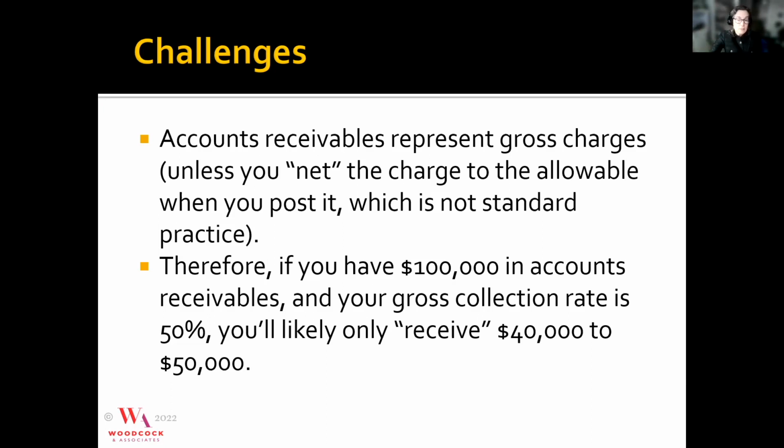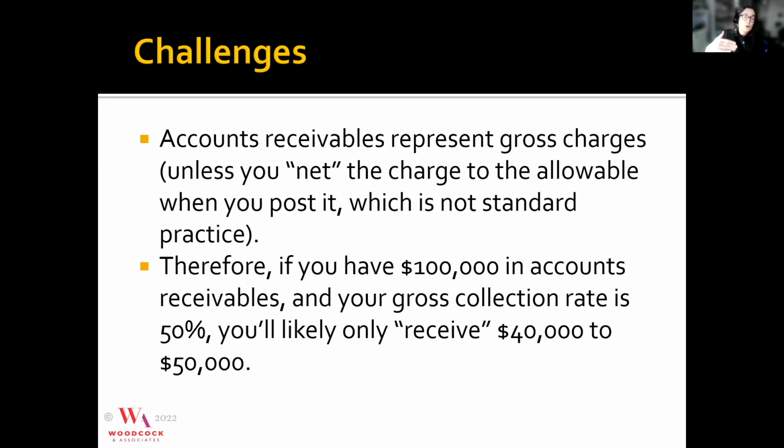It's actually not something that I recommend because in a way we're sort of guessing what that allowable will be. And believe you me, you'll never get a phone call from an insurance company that says, oh, if you had just charged a little bit more, we would have paid you a little bit more. And that's because the insurance company is going to pay you the lesser amount.